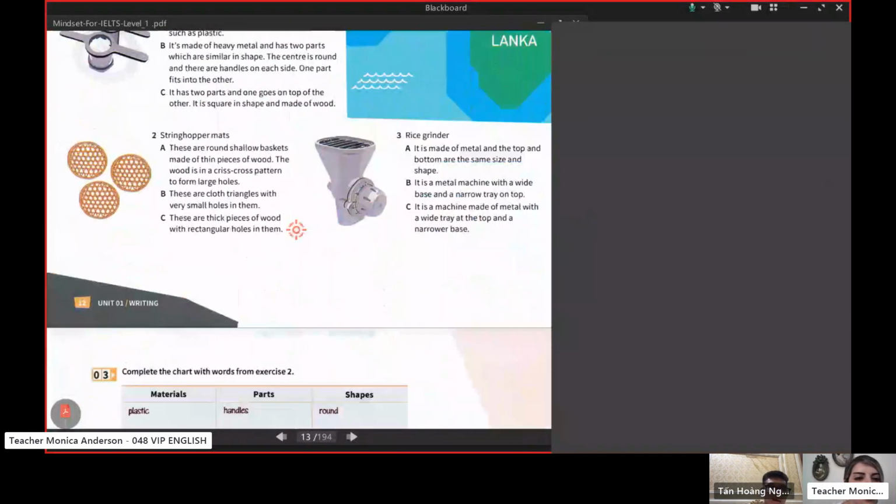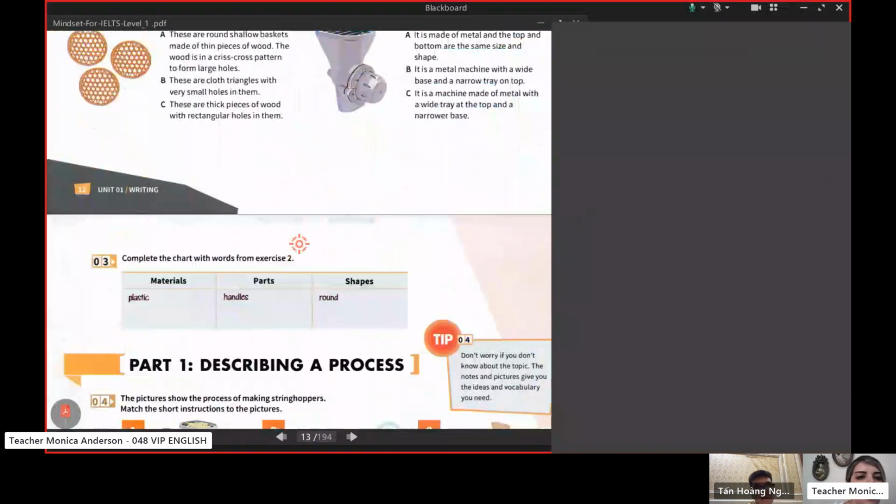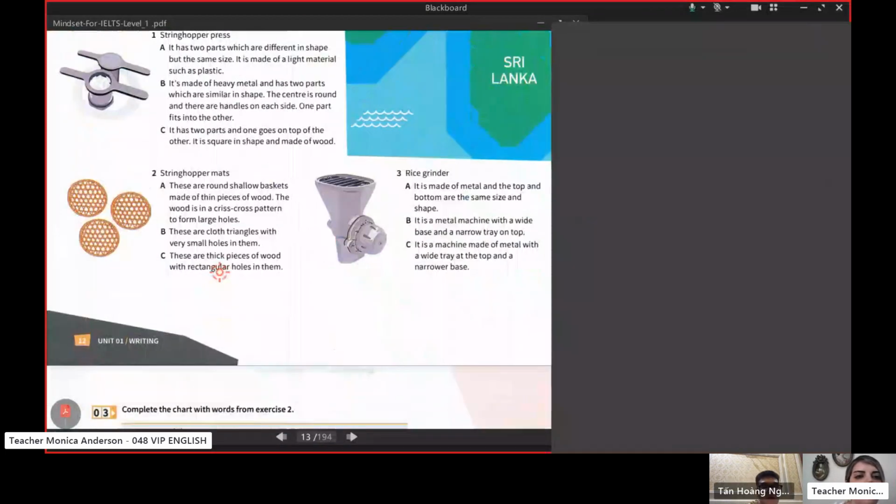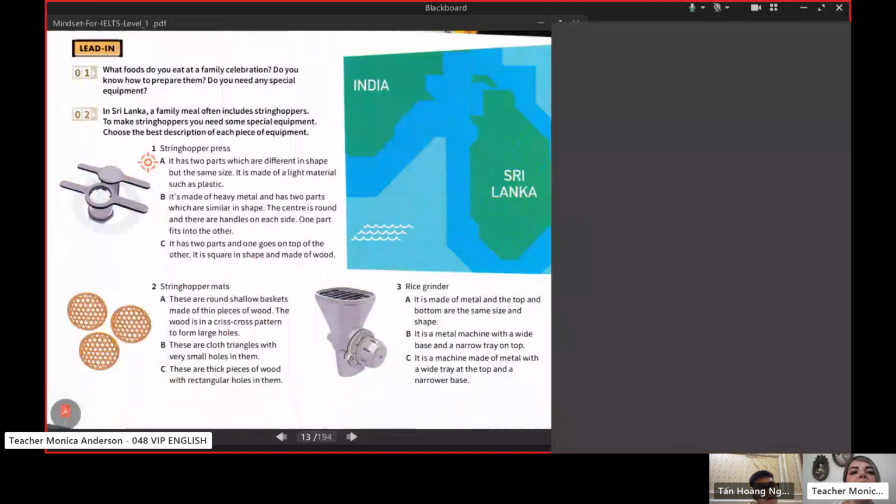But first of all, in Sri Lanka, a family meal often includes string hoppers. What does it mean? As you can see in the pictures, to make string hoppers, you need some special equipment. Choose the best description of each piece of equipment. Let me read these three, then we will talk about them.